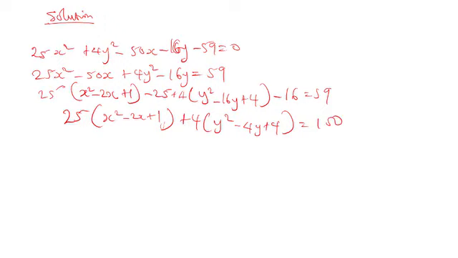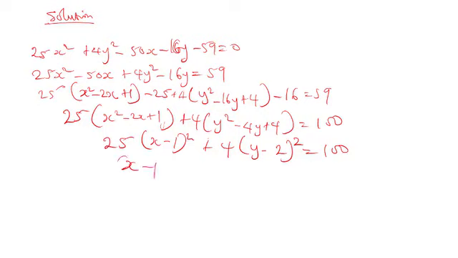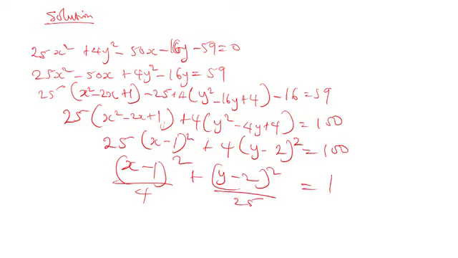So we now have 25 in bracket x minus 1 squared plus 4 in bracket y minus 2 all squared being equal to 100. Then we divide by 4 and by 25, remembering what we did last time. So it's now x minus 1 all squared over 4 plus y minus 2 all squared over 25 equals 1.